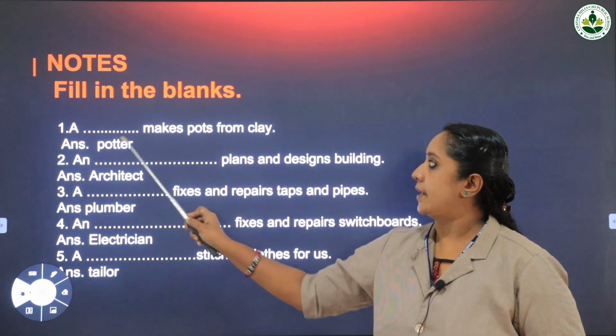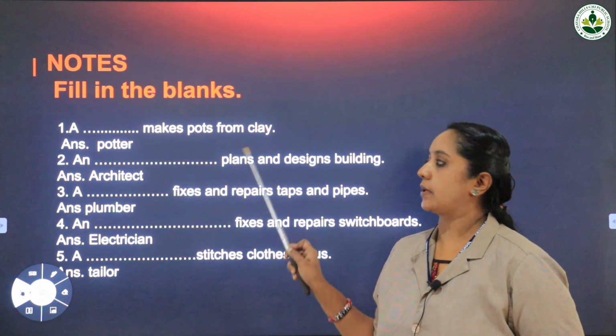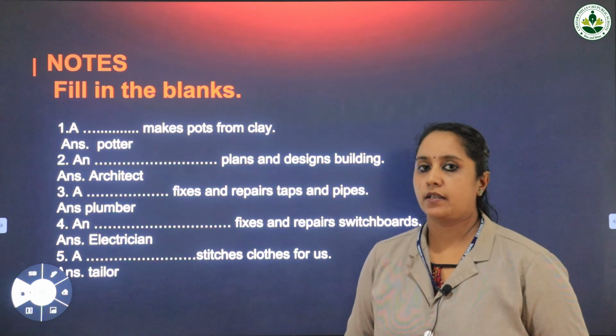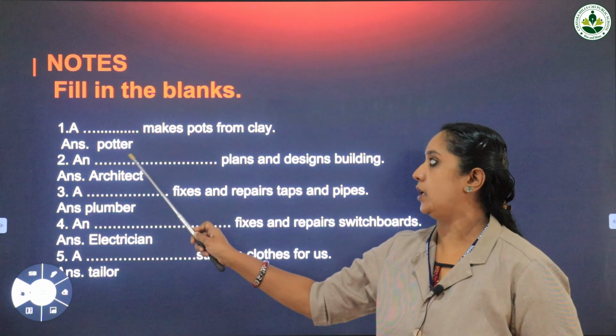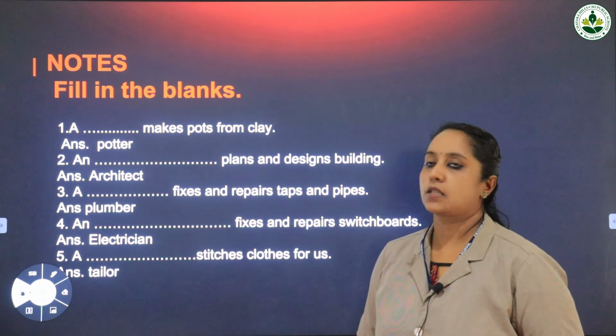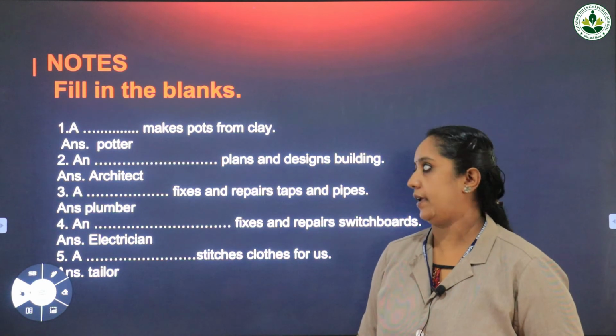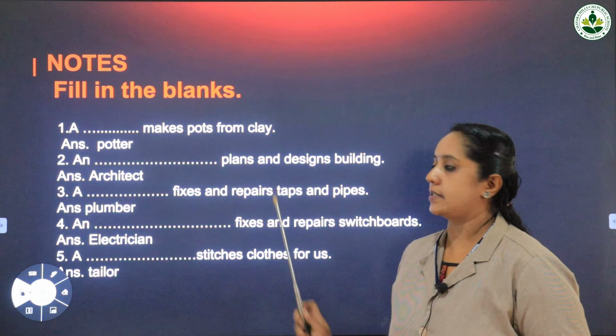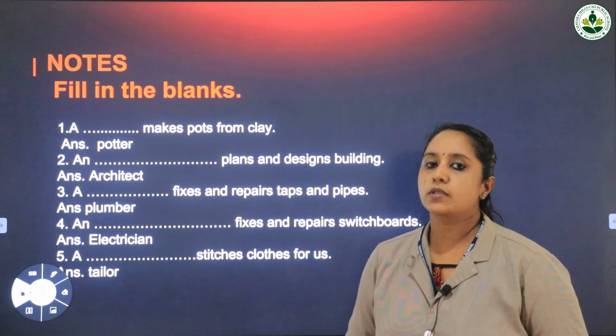First one is, a dash makes pots from clay. So who makes pots from clay? It is the potter. P-O-T-T-E-R, potter. A potter makes pots from clay. Now second one, a dash plans and designs buildings. Who is the person who plans and designs buildings?